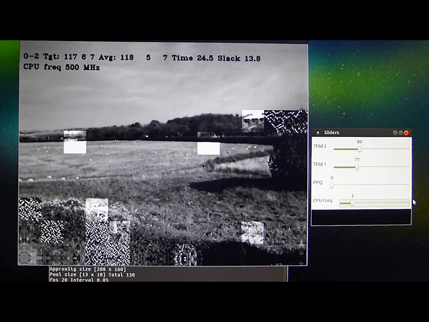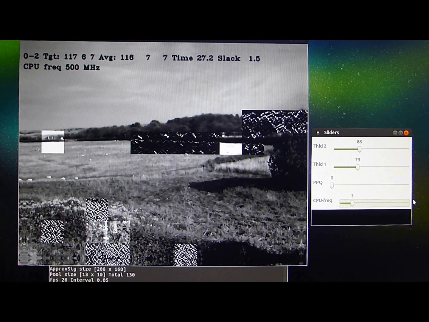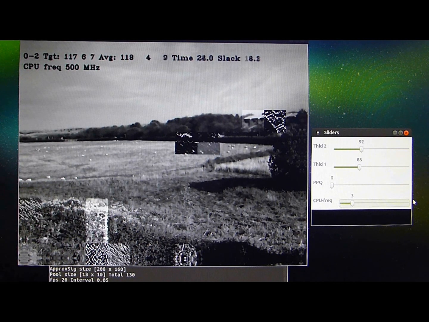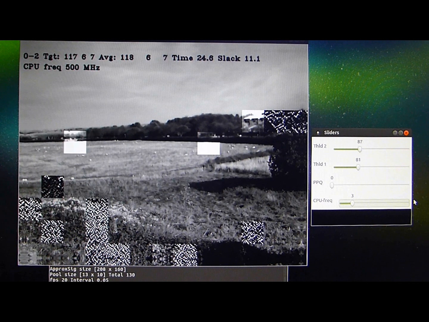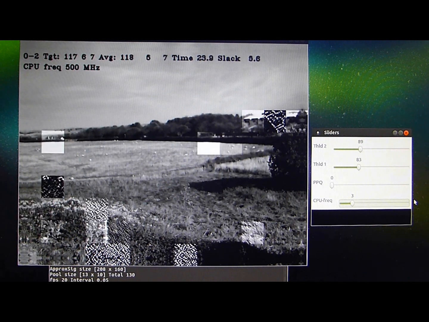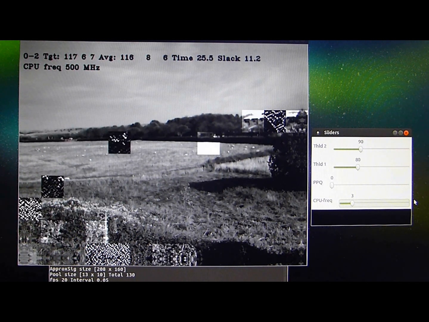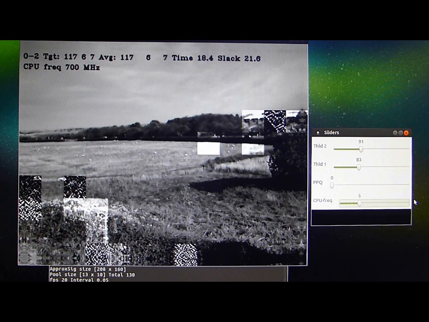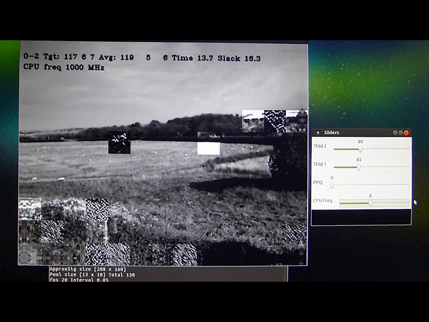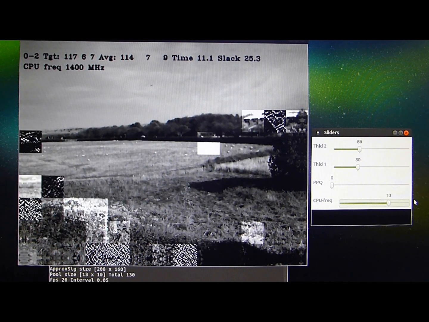And then we go down to 500 megahertz. And obviously the most significant thing it's looking at is the traffic and a bit of the vegetation in the foreground. So that is DVFS applied to image processing.